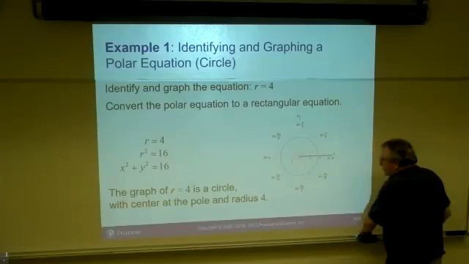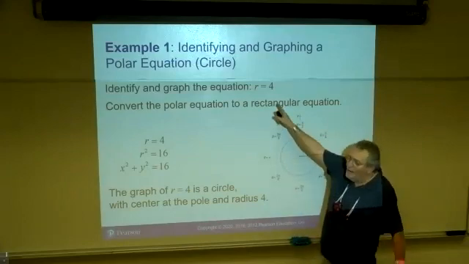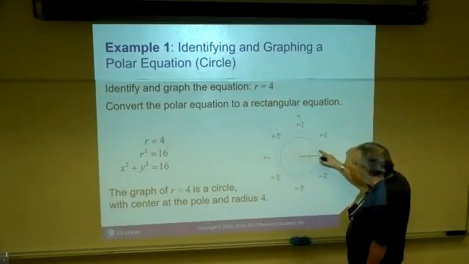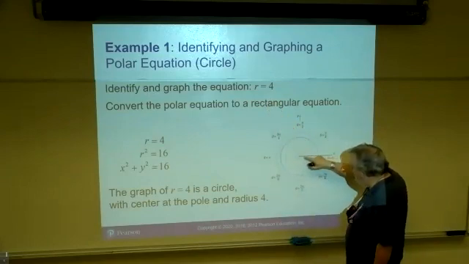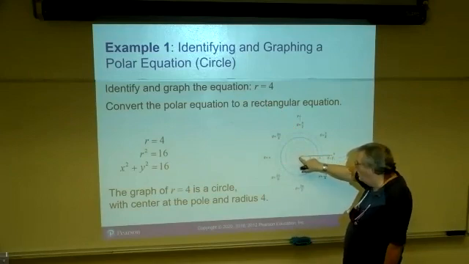Any questions on this? The polar equation r equals 4 is just a circle with a radius of 4 that is centered at the pole. Right? Everything comes off of the pole.